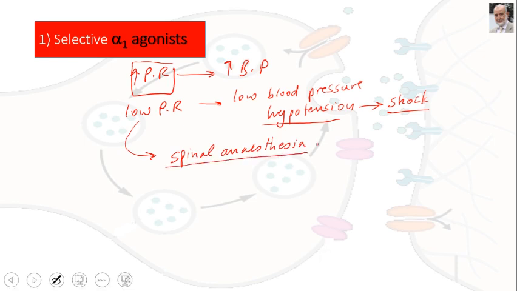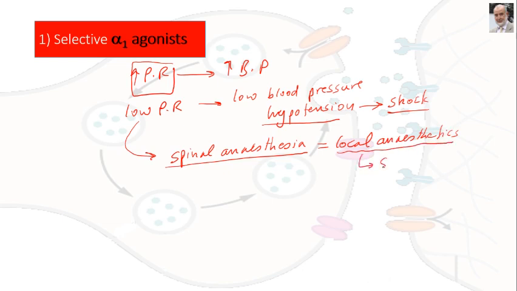In spinal anesthesia, they usually use local anesthetics, and as we know, local anesthetics will anesthetize all the nerves, including the sympathetic nerve. If the sympathetic nerve is anesthetized, that means there is no tone to the smooth muscle of blood vessels, and this will lead to vasodilatation.